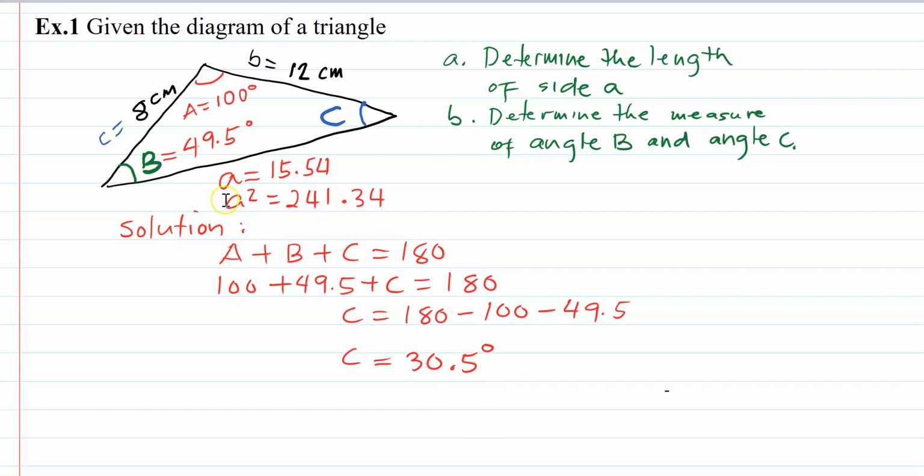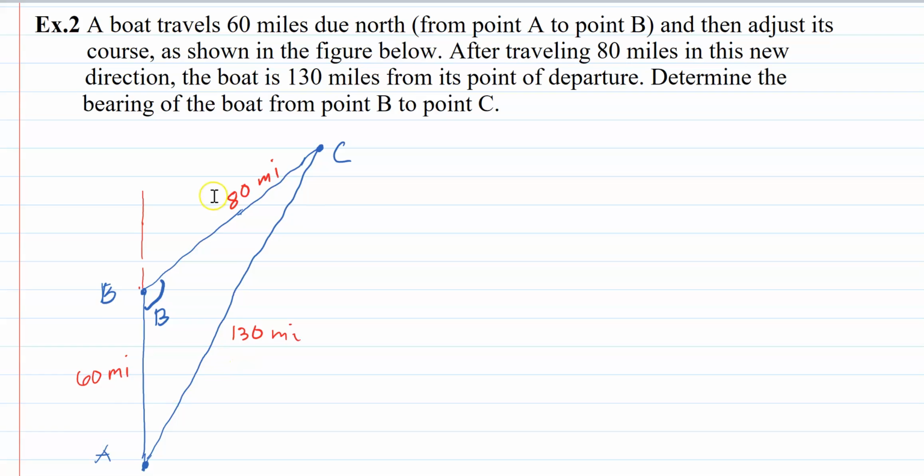So therefore, our answer to this question, our A is 15.54 centimeters, our B is 49.5 degrees, and our C is 30.5 degrees. Now let's take a look at example 2.